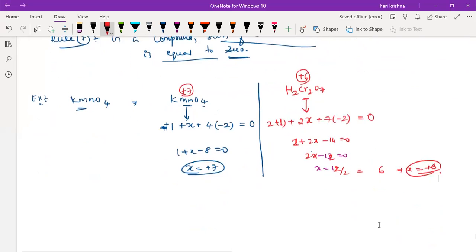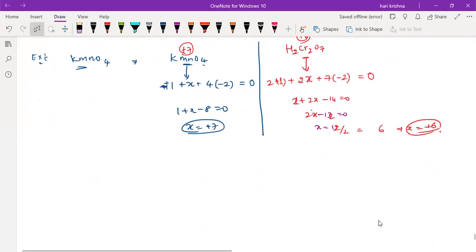Next, we'll take one more, H3PO4. Now tell me for phosphorus. How can we find phosphorus?